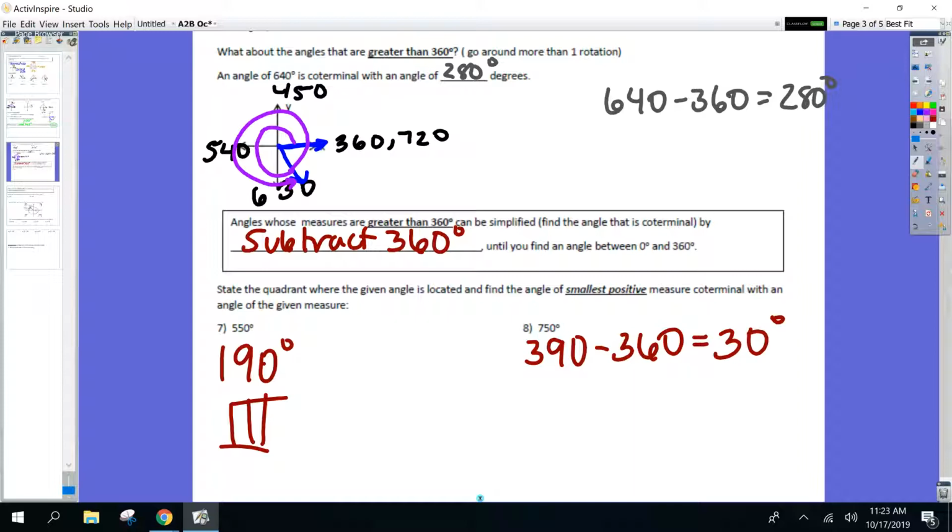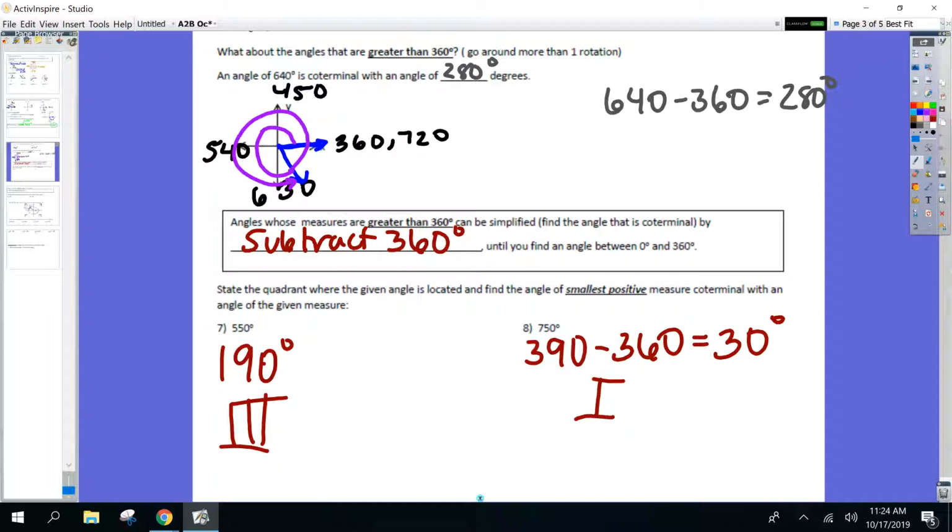Okay, so keep subtracting till you get the smallest positive. What quadrant am I in for 30 degrees? Quadrant 1. Or maybe quadrant 9, because you have to go around twice. Now, did you do a Roman numeral for that? Okay. IX.